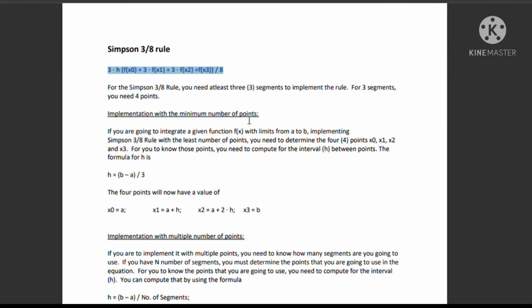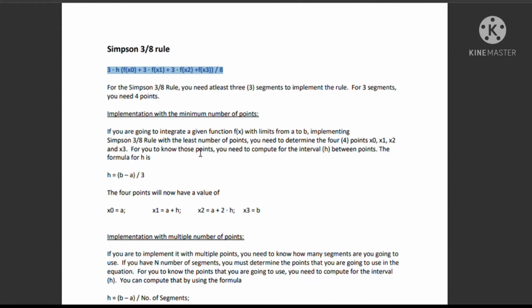If you are going to integrate a given function f of x with limits from a to b, implementing Simpson's 3/8 rule with the least number of points, you need to determine the 4 points x0, x1, x2, and x3. For you to know those points, you need to compute the interval h between points.